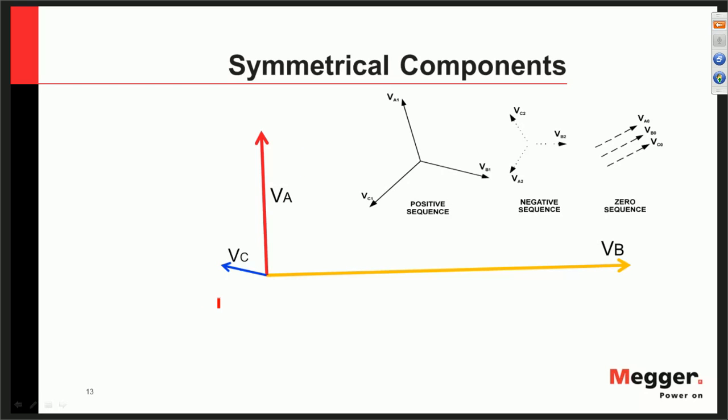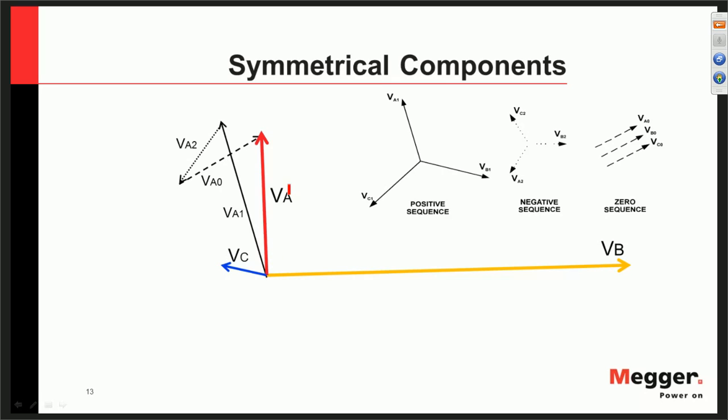Let's start with the phase A voltage, which is a combination of all three sequence vectors: the positive sequence vector for A phase, the negative sequence vector for A phase, and the zero sequence vector for A phase. If I sum all of them together as a vector sum, I will get my vector VA, which is my voltage.